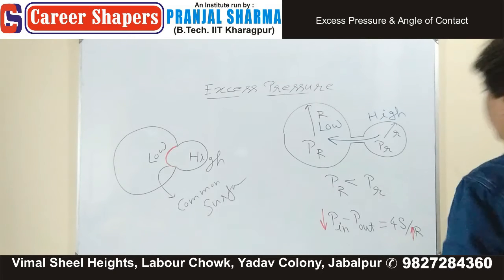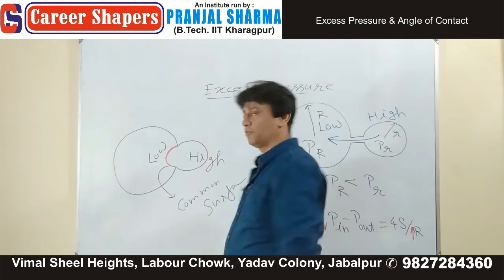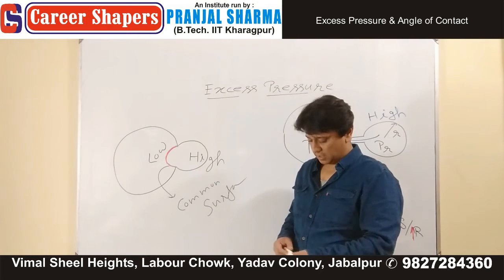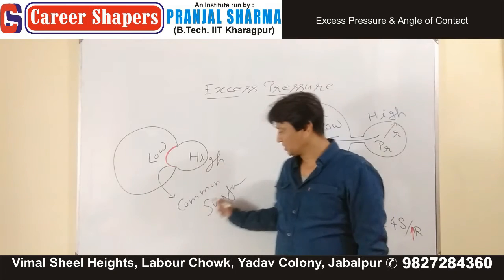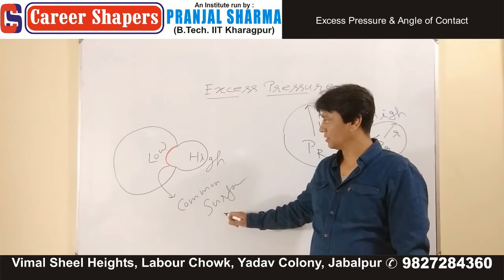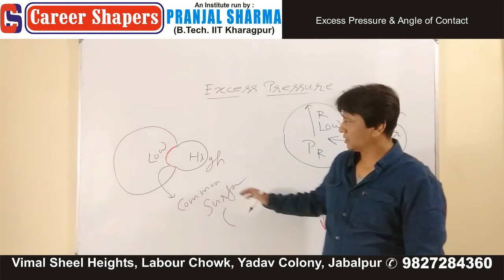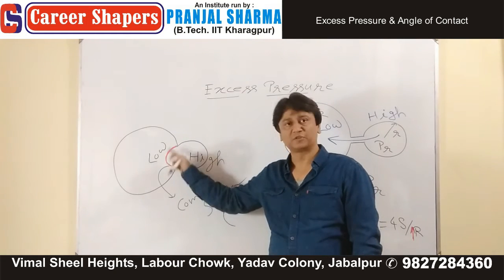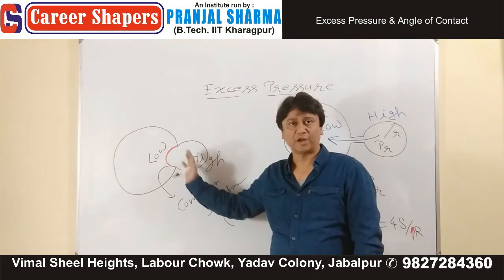Now there is a homework for competitive examinations. Assuming common surface to be a hemisphere, it's not necessary that it should be a perfect hemisphere, it can take any shape.